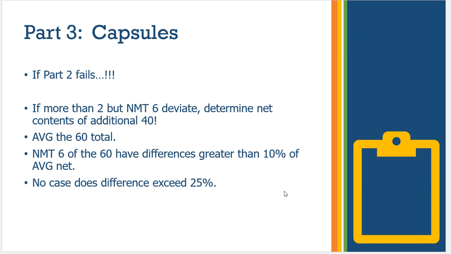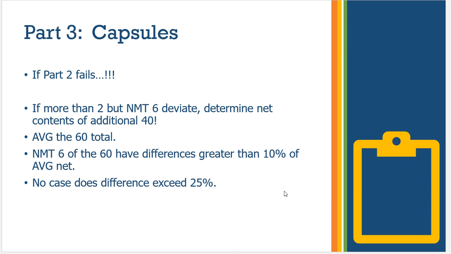If you get to part 2 and you did all this work, the USP-NF is going to be like, oh gosh, you did all of this work and all the data and all the masses and all the numbers and all the calculations and all the spreadsheet work. So if more than 2 of them fail, you're not going to close up shop yet. We're going to do another benefit of the doubt, and we'll go to a part 3.